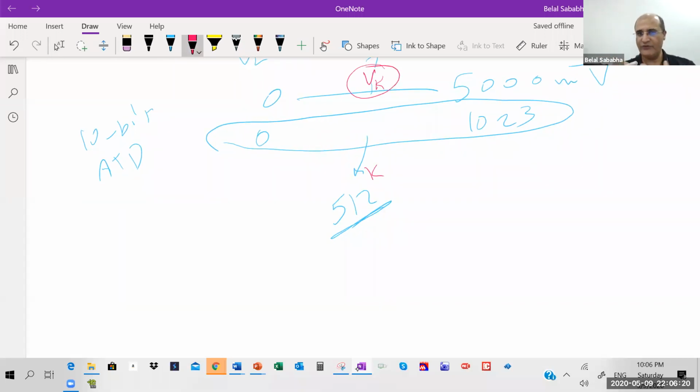This is the unknown for the microcontroller. This is the known. You know it. There is a voltage connected to the pin. You say read the analog voltage on pin number X. You get a number. Then you need to do the math inside your program to know what the voltage outside is. The voltage VK equals what?